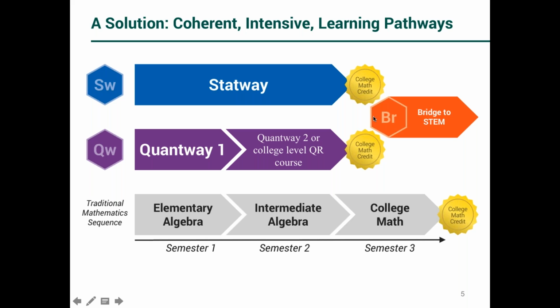A quick note on the kind of student that the Pathways is ideally designed for. Because of the specific curricular and pedagogical designs, the Pathways in Statway are particularly good for students who previously did not succeed in elementary algebra or intermediate algebra, who may be math phobic, who may have had really difficult, problematic previous relationships and experiences in mathematics.